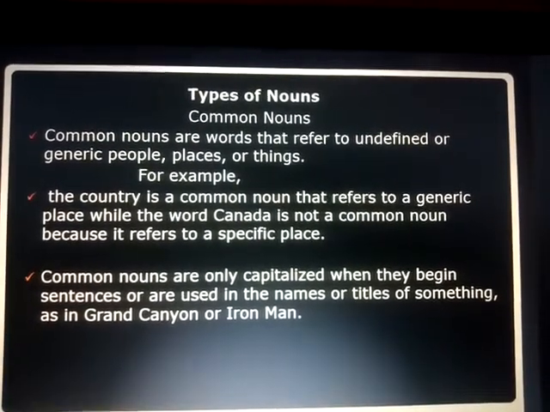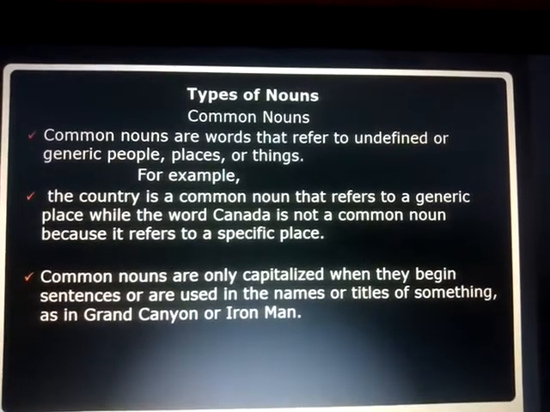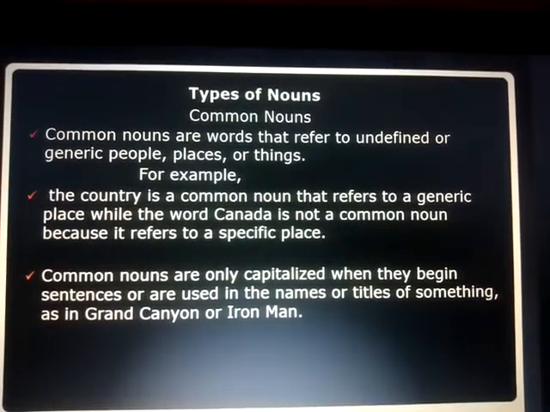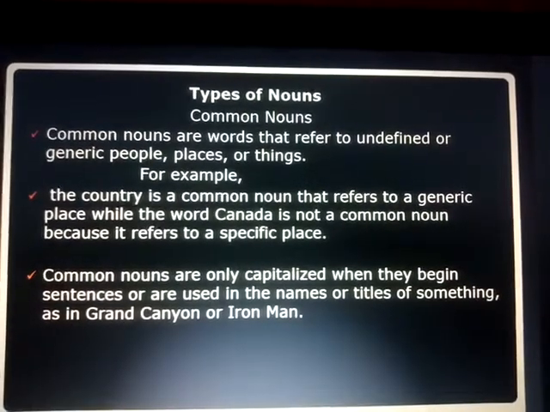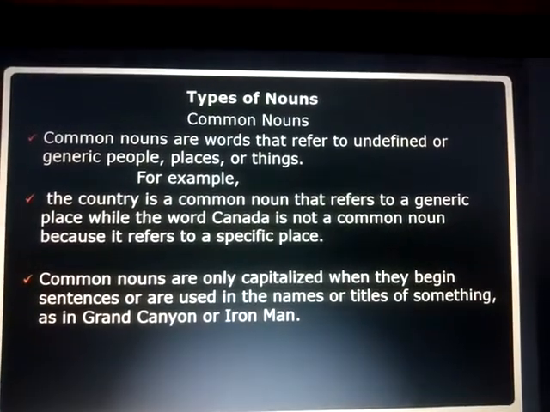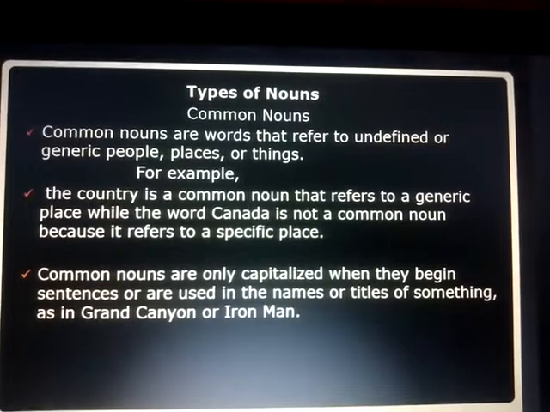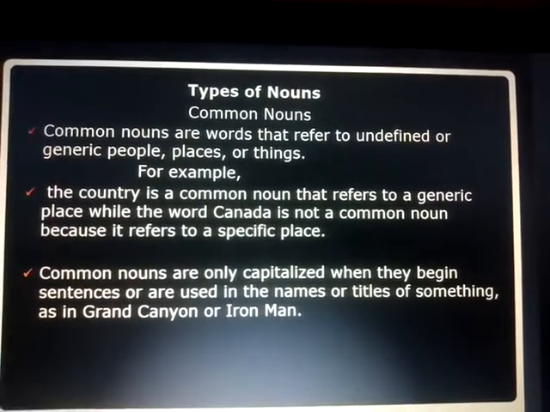For example, the word country is a common noun that refers to a generic place, while the word Canada is not a common noun because it refers to a specific place.